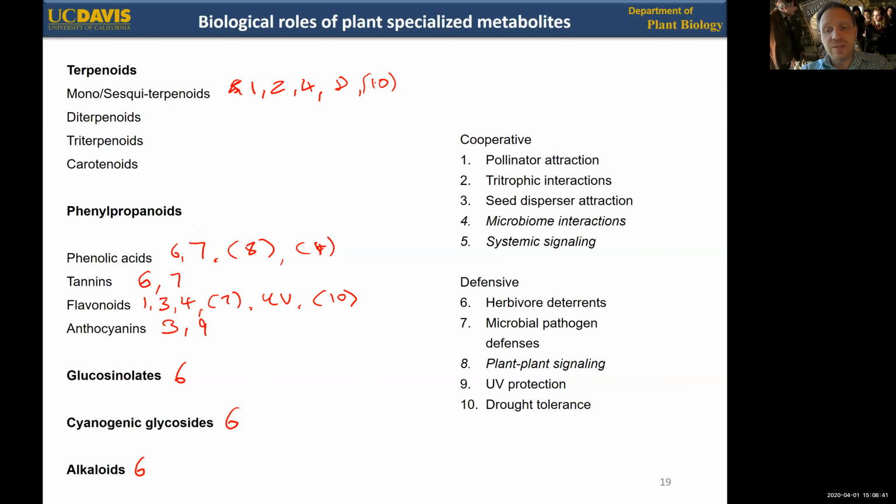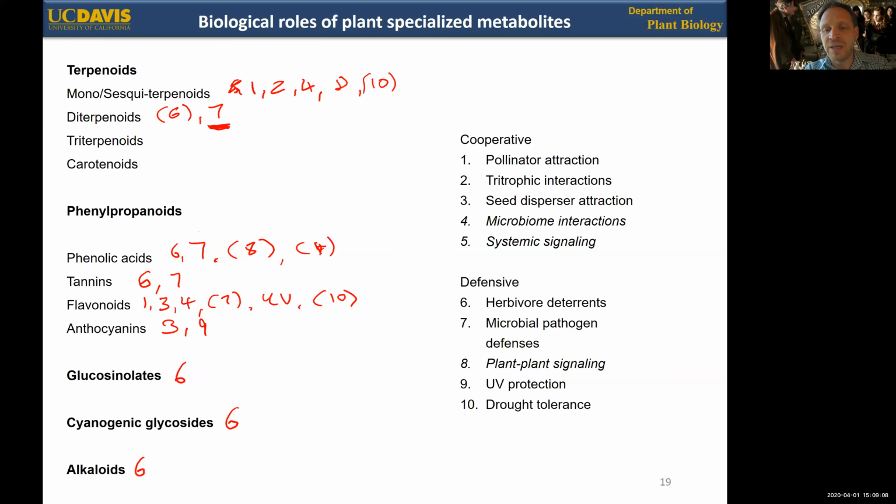The diterpenoids, most of them don't smell all that good. They are more involved in defensive functions outside of the hormones. So these are involved a lot in defense. Some show roles in herbivore defense, but the vast majority of these compounds is involved in pathogen defense.